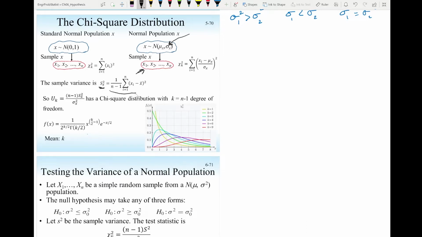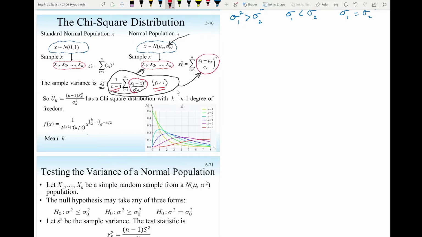This is the definition. Now, if I multiply this by n minus 1, and I divide each item here by sigma x, this quantity equals exactly this quantity, because these will cancel these, and then you will get this one, which is exactly this.